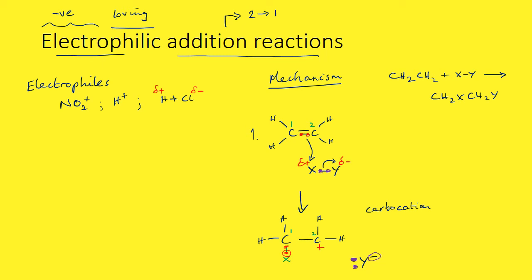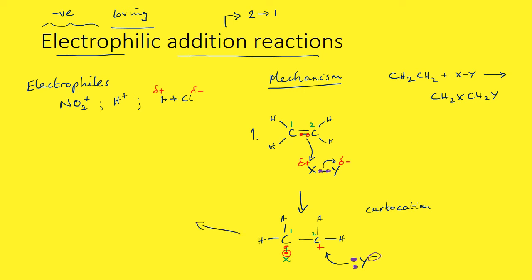Okay, so that negative charge on Y is going to be attracted to the carbocation, and so we can draw another curly arrow, because that's going to attack the carbocation and make a new covalent bond. And so let's draw that over here.